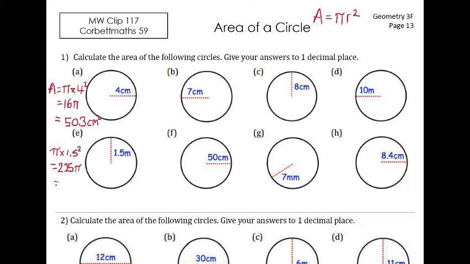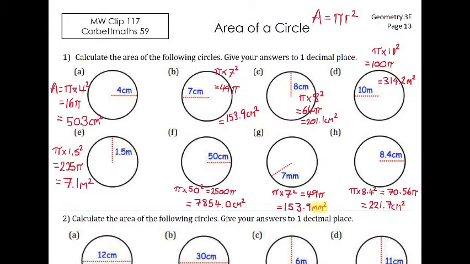Okay, but when we force it to tell us the actual answer, by pressing S to D, that is 7.1. 7.1, and that's square metres this time. Okay, so just look out for the different units, some millimetres in there as well. We're just doing that for each of these questions. Okay, there's the remaining answers for that question.